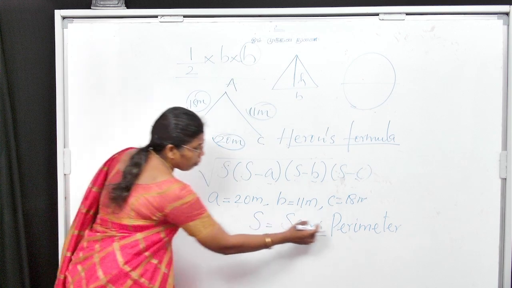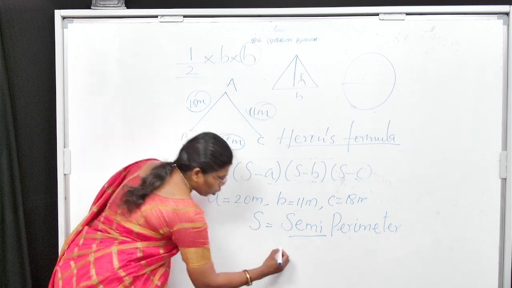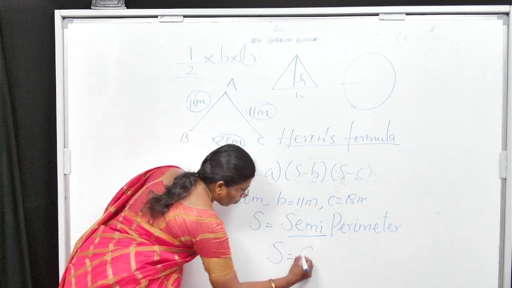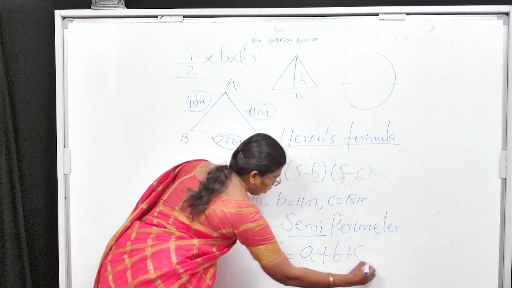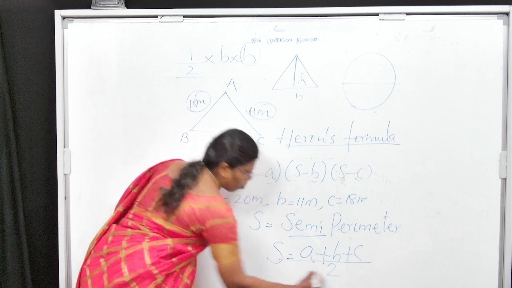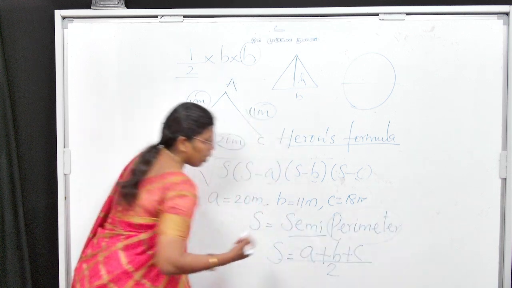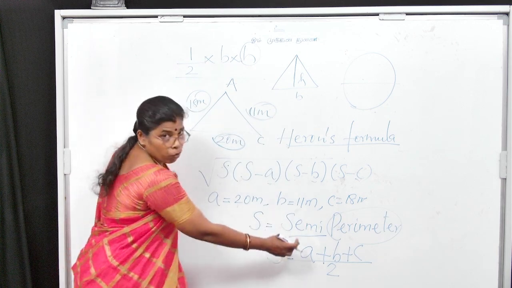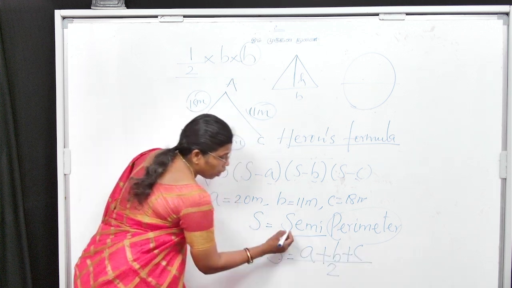So here semi-perimeter means the perimeter divided by 2. So S is equal to A plus B plus C divided by 2. A plus B plus C is the perimeter. Since it is a semi-perimeter, the formula is S equals A plus B plus C by 2.